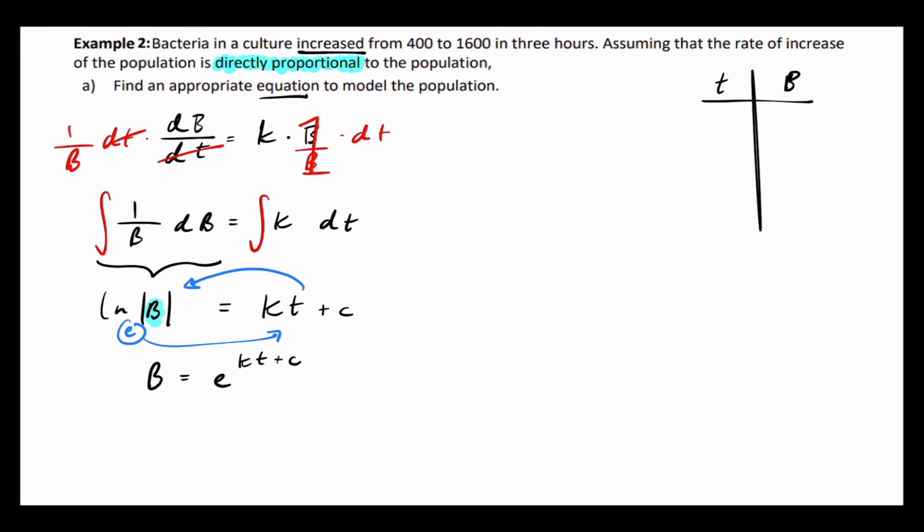It said we have 400 bacteria at one time. What time was there 400 bacteria? It's 0, right? Initial. So we're going to put 0. At 0, there was 400 bacteria. And then there was 1,600 at 3 hours, right? At 3 hours.